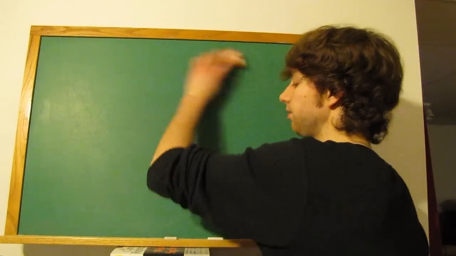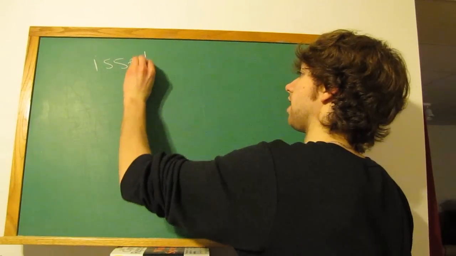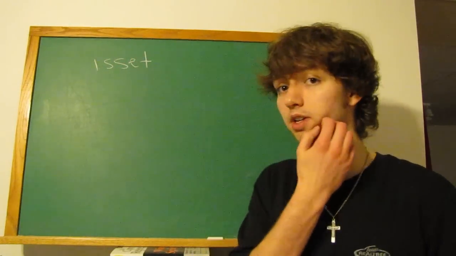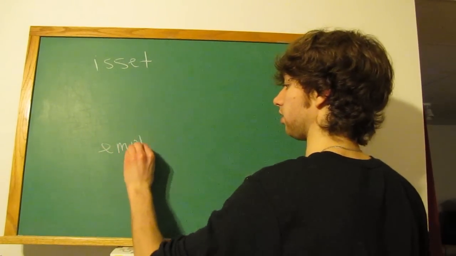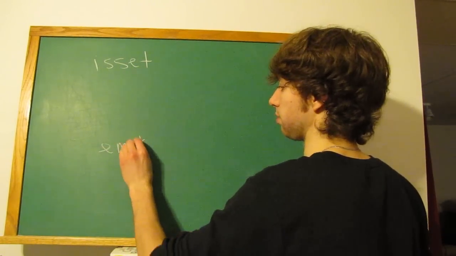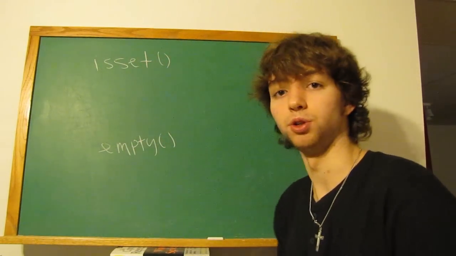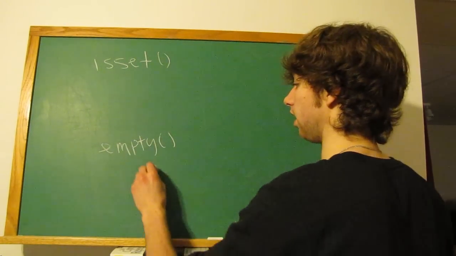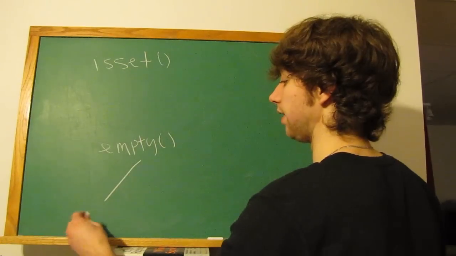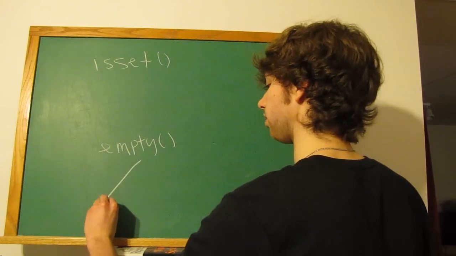So the first one that we talked about is isset. The next one is empty. What this will do is it will test for an empty value. So that means it has two options. If it's empty, it would be true.